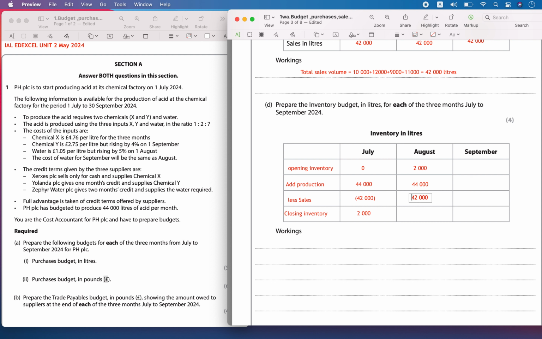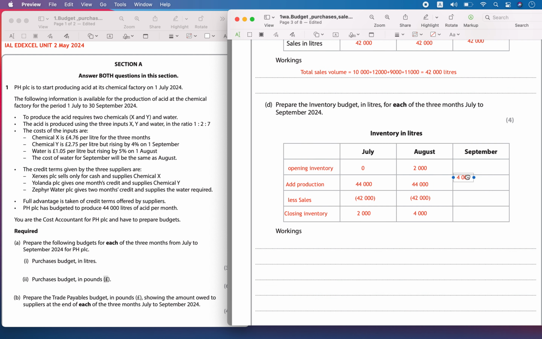At the beginning I had 2,000 liters, and then they produced 44,000. They are going to sell 42,000. So I'll be left with 4,000 liters at the end of the month of August.